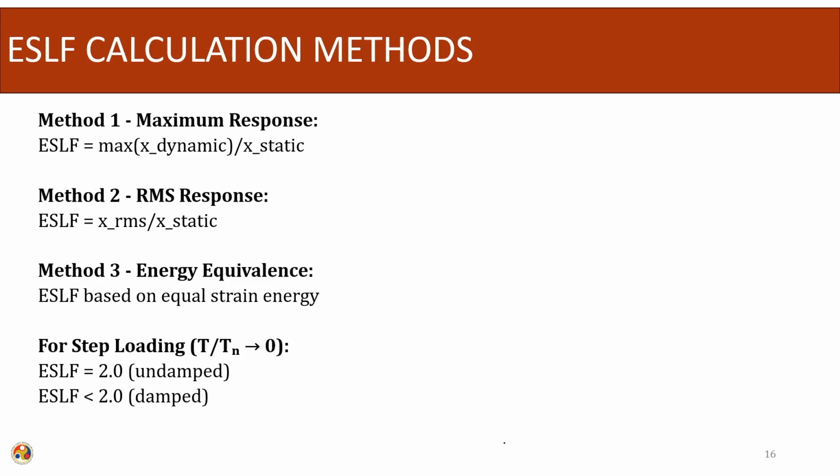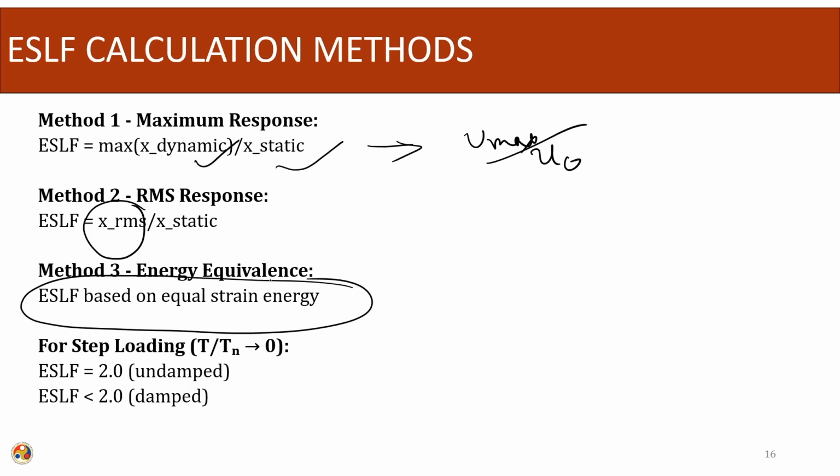There are different methods to calculate the equivalent static load factor. We can take the maximum dynamic displacement divided by the static displacement, u max divided by u naught, that I showed earlier. We can take the root mean square of the displacement also. We can calculate the equivalent static load factor based on the equivalent strain energy, and we can use different factors depending upon the time ratio.